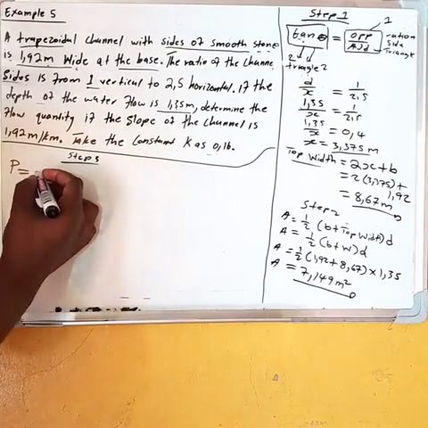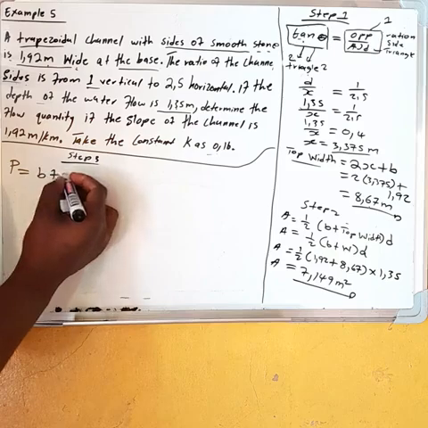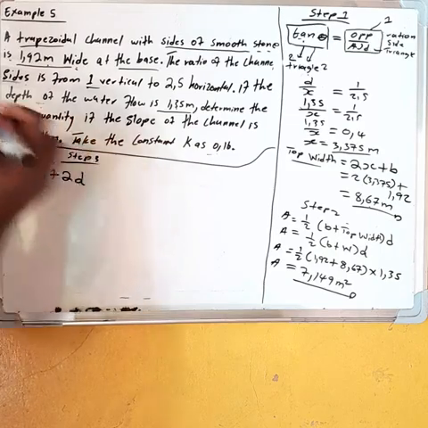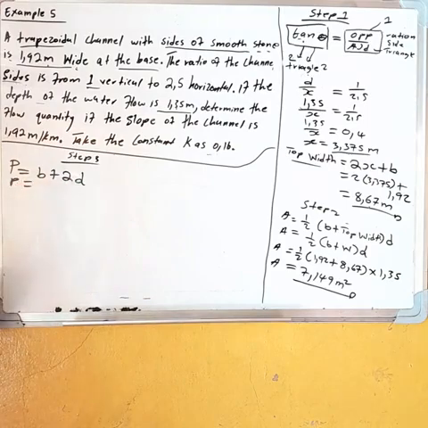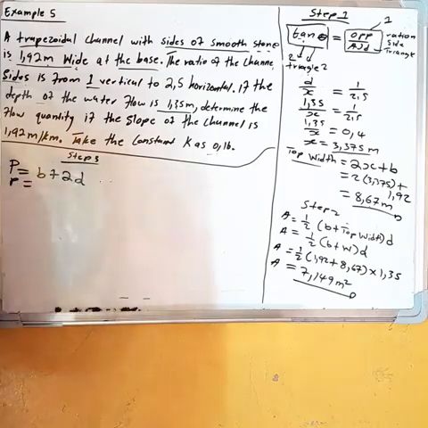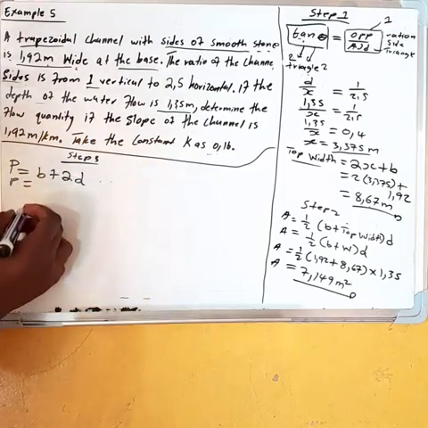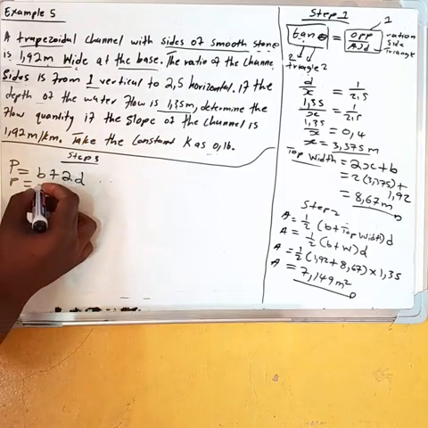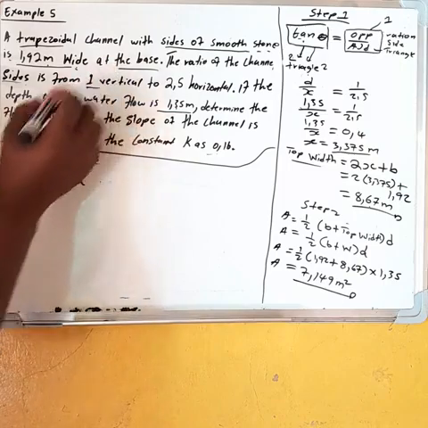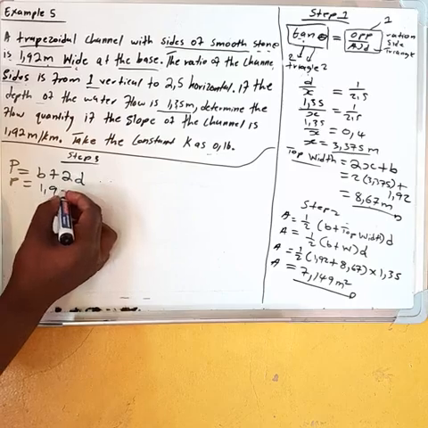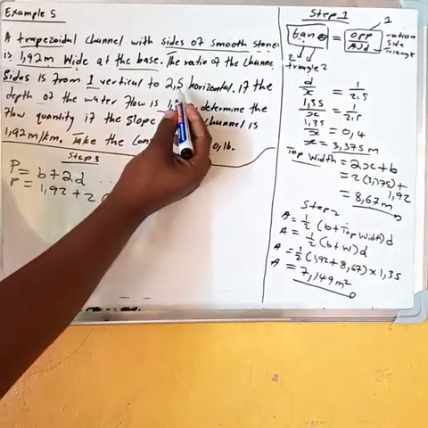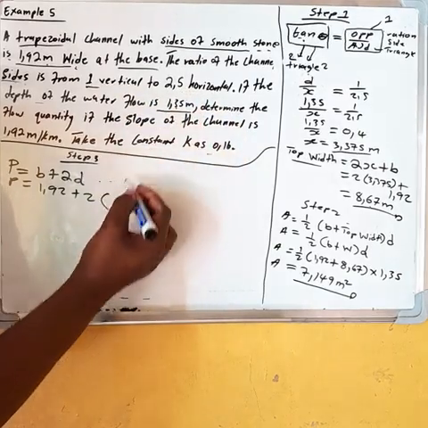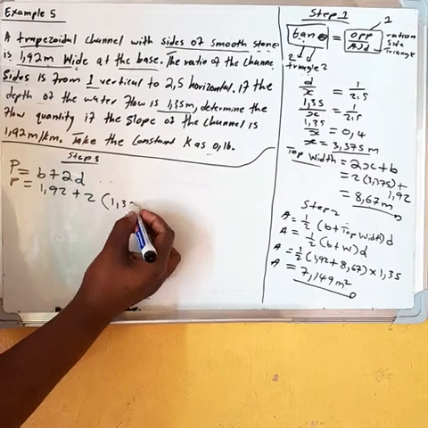You know the weighted perimeter will be B plus 2D. Use this formula. What is the base? The base here is 1,92 plus 2D. Depth 1,35.